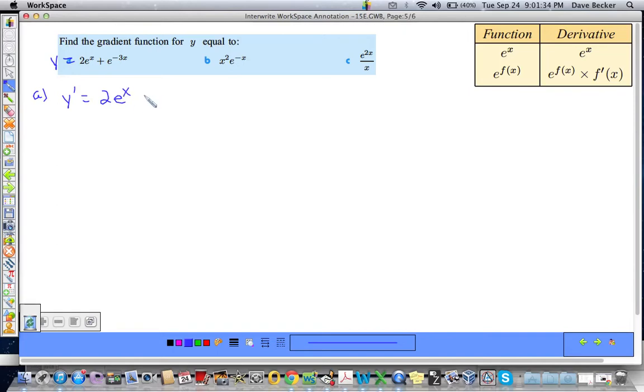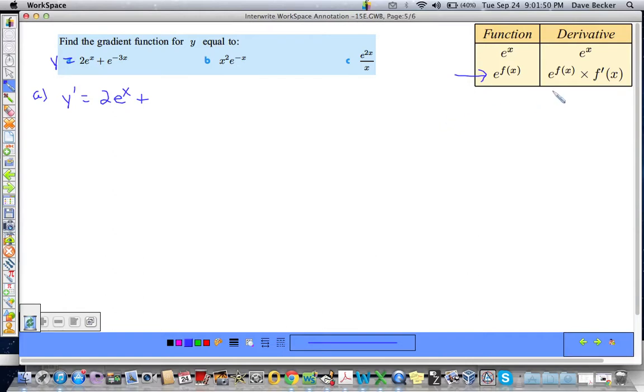2e to the x plus, okay, so now I have something in the exponent that's not just plain old x, so I have to use this rule right here, which is not on your formula sheet.